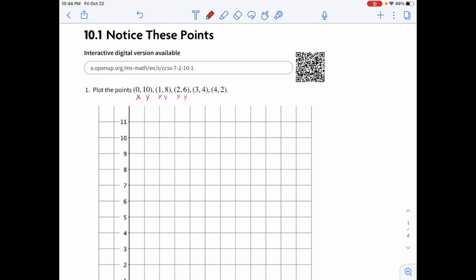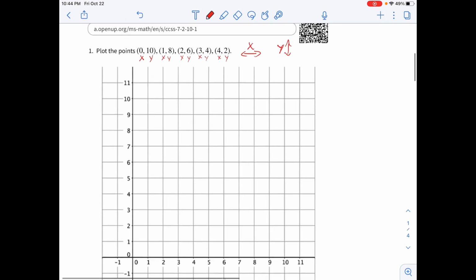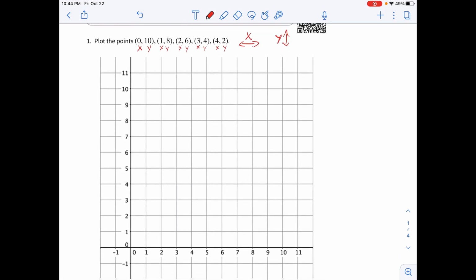So when we go and graph these points, our y-axis is our vertical and our x is horizontal. So x is horizontal, y is vertical. Okay, so 0, 10, we go 0 on the x, and then vertically 10, put our first dot.